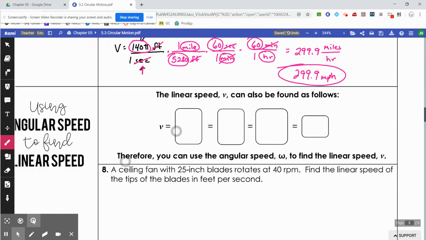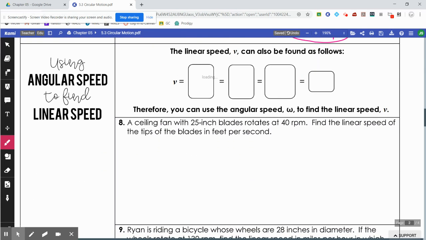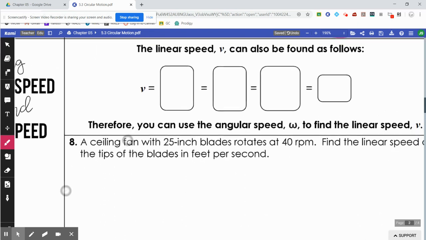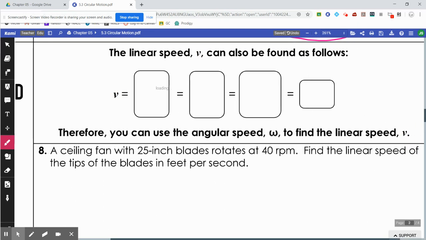Now that we've done it the hard way, there is another way of working this, using angular speed to find linear speed. Let's go through these steps. The linear speed v can also be found as follows. We know that linear speed is arc length over time.